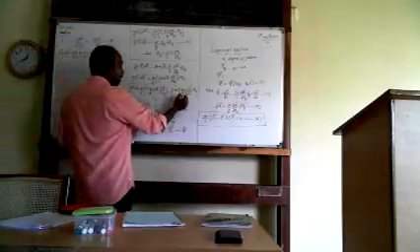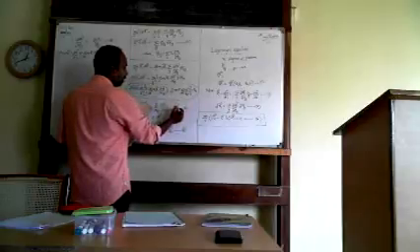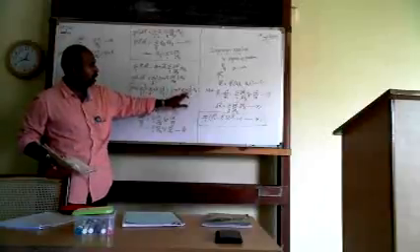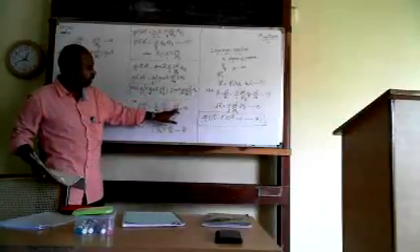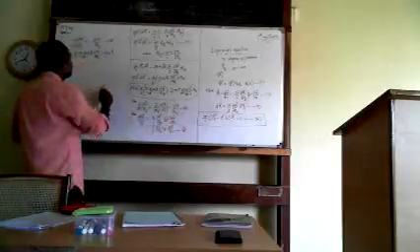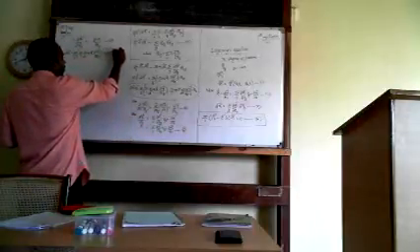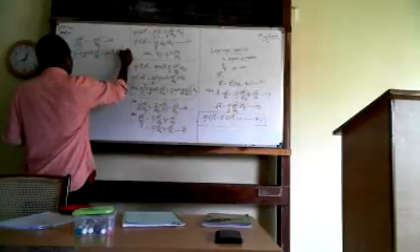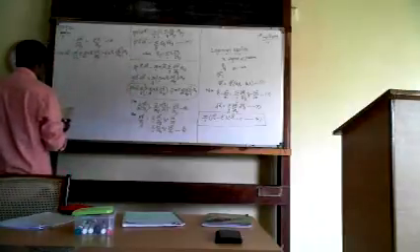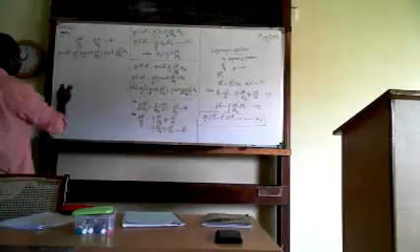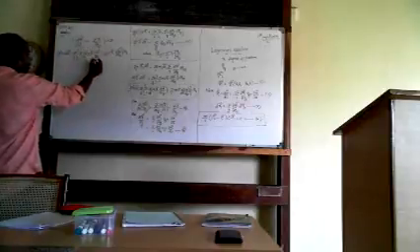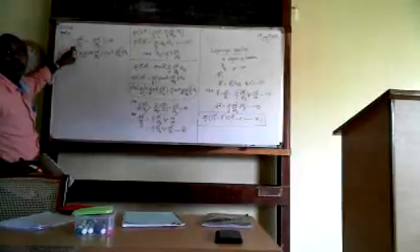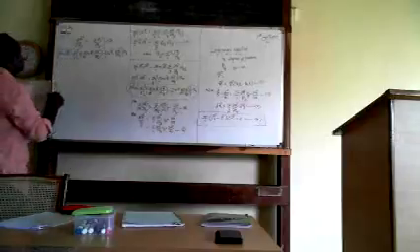Instead of d/dt of ∂Ri/∂Qj, we can write ∂Vi/∂Qj. This term can be replaced by ∂Vi/∂Qj into delta. Now ∂Ri/∂Qj, we can replace by ∂Vi/∂Qj dot. So this is it.